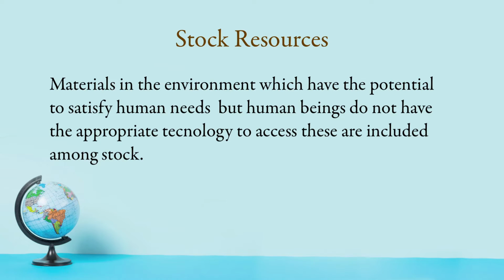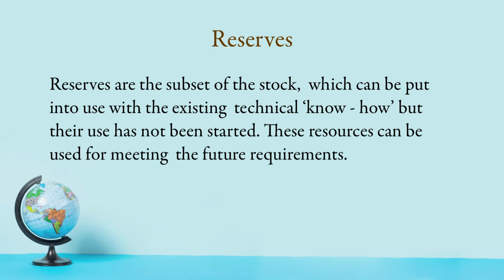Let us learn about another type of resource called the stock resources. Materials in the environment having potential to satisfy our needs, but due to lack of appropriate technical know-how, human beings are unable to access these resources. Such resources are called stock resources.